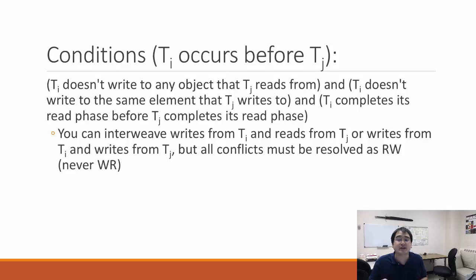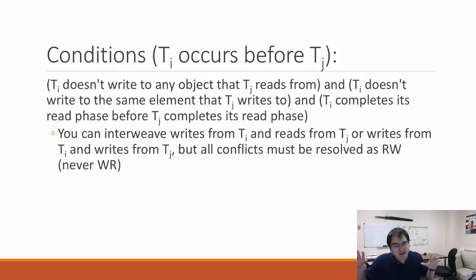write-read. And transaction I doesn't write to the same things that transaction J writes to, so you don't get the write-write conflicts. And as long as transaction I completes its read phase, like it finishes reading all its data before transaction J finishes its read phase, this means that we're sure that the things that transaction J writes to, transaction I can't read from.